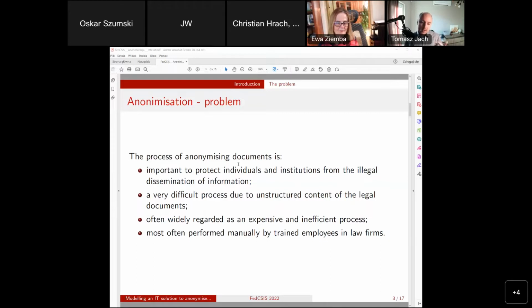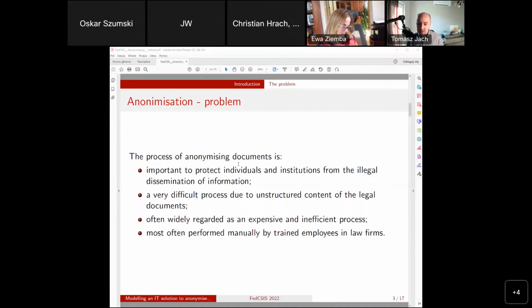That's why one of the law offices that was part of this research asked us to provide some means of anonymization of documents, but to anonymize them while leaving enough information that one can understand what was inside the document prior to anonymization. The process is important to protect individuals and institutions from the illegal dissemination of information.